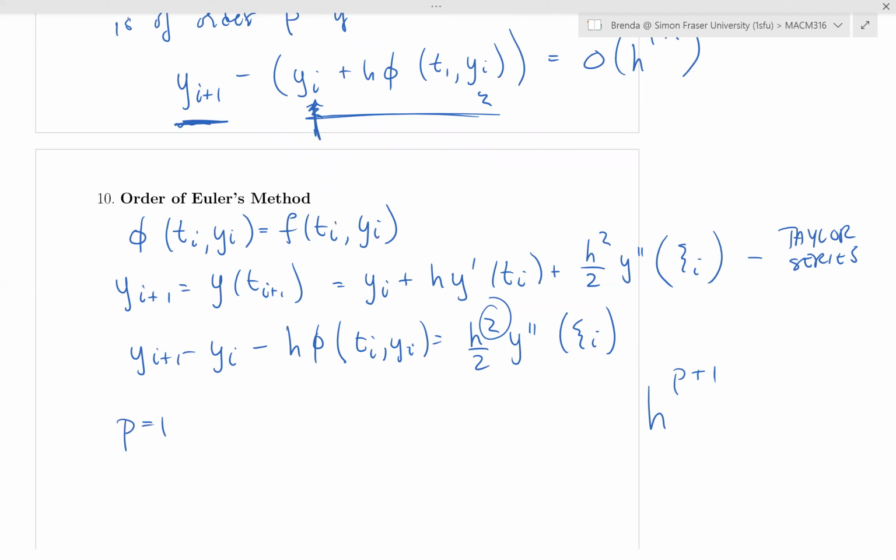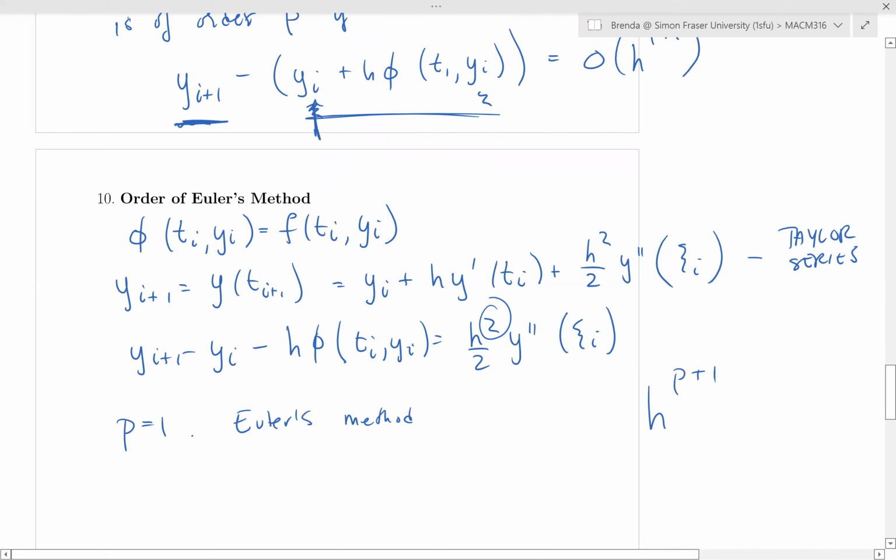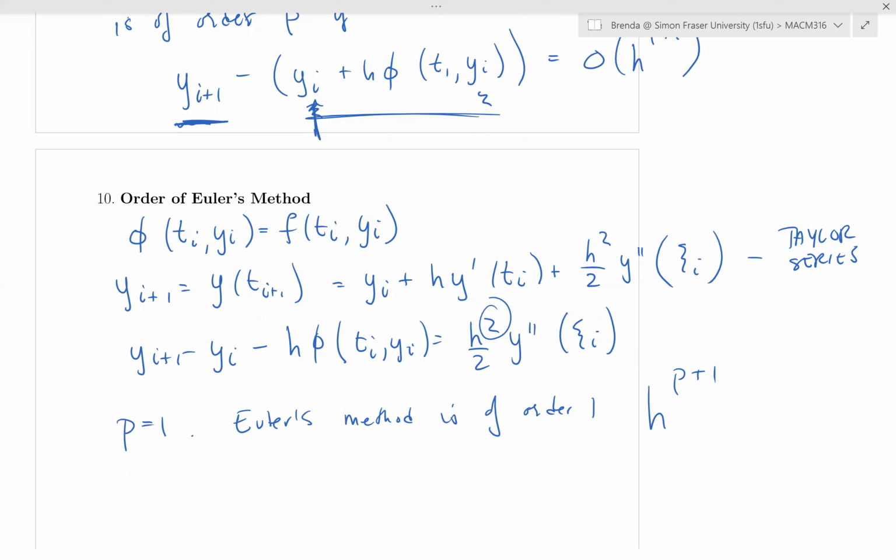So we have here that Euler's method is order 1. Okay, what does this mean?